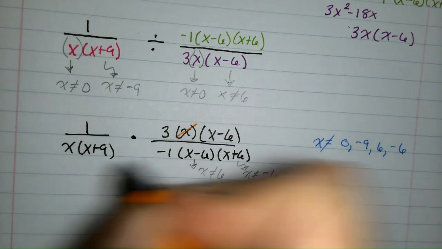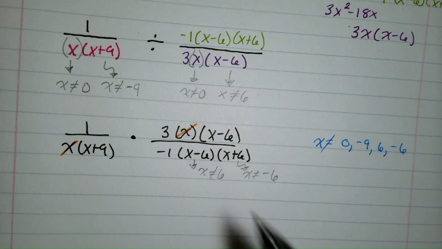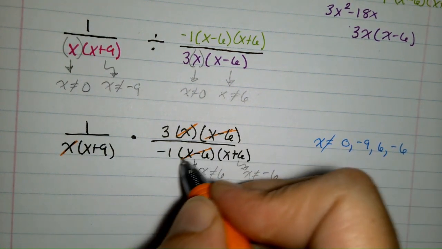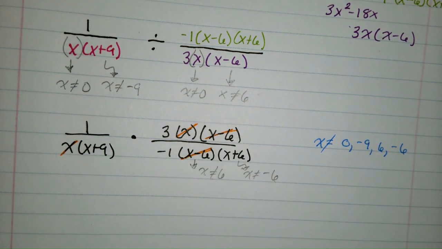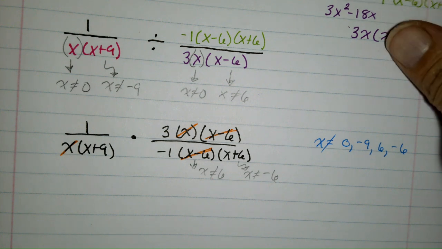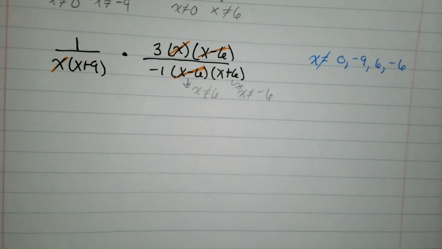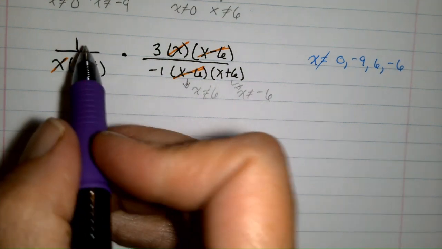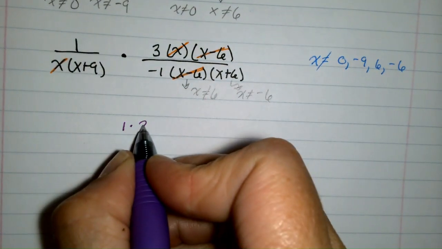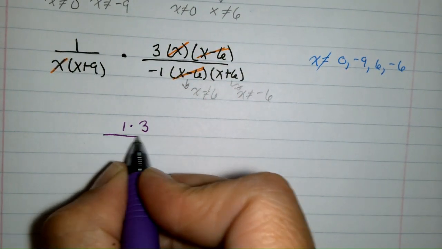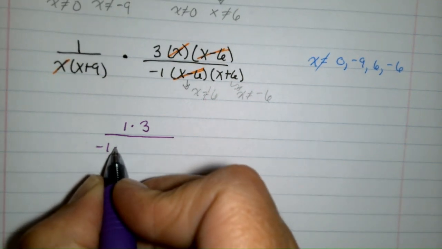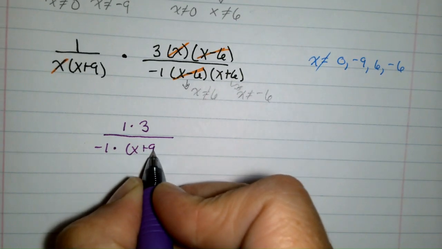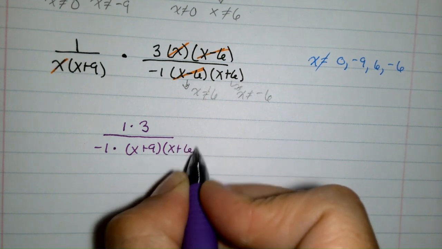So the x would cancel the x. The x minus 6 would cancel the x minus 6. So in the numerator, we have 1 times 3. And in the denominator, we have -1 times x plus 9 times x plus 6.